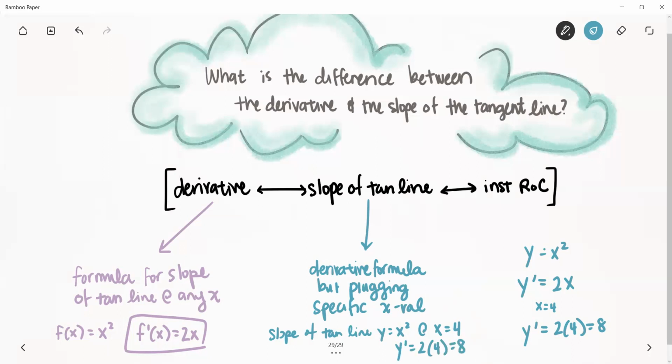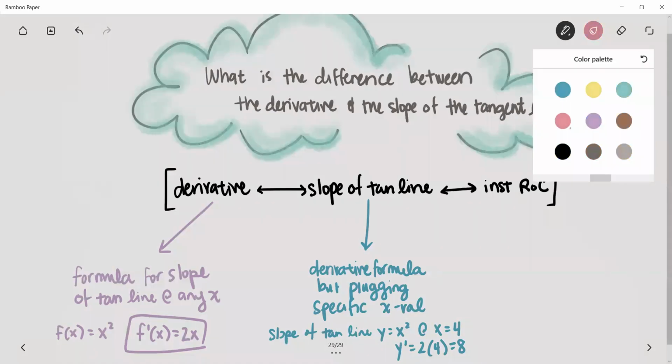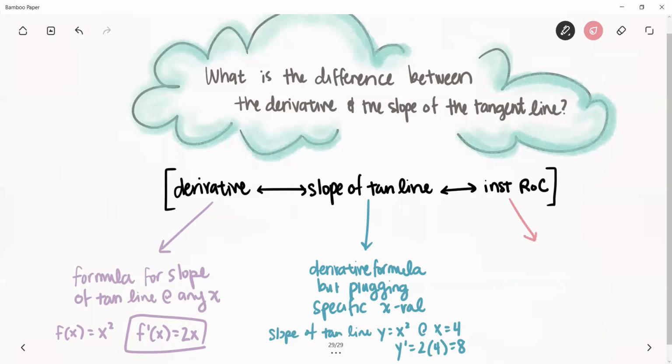I'm just going to leave this here. So that's an example for slope of tangent line. Usually we have a specific location. And similarly, instantaneous rate of change is going to be very much like the slope of the tangent line, because usually you'll be at a specific location.